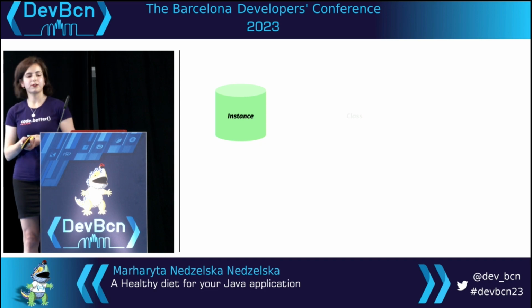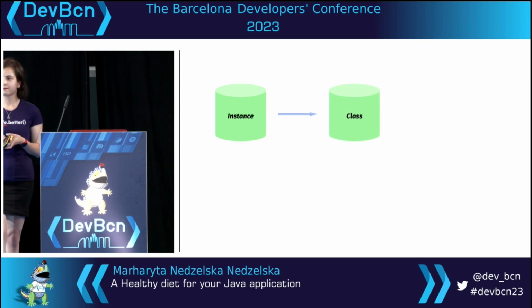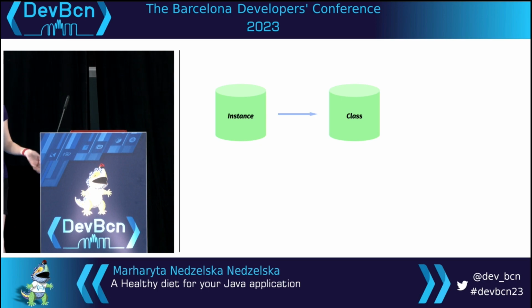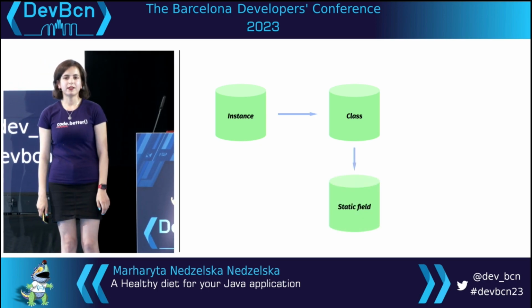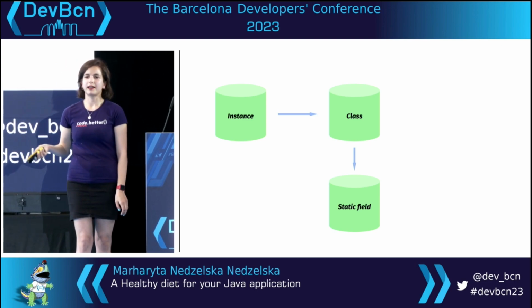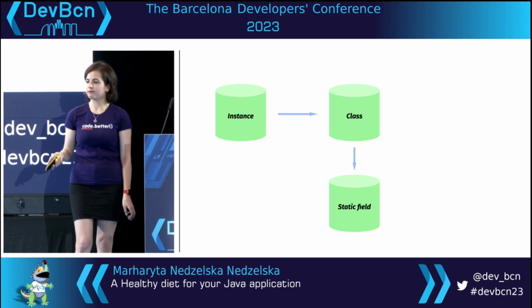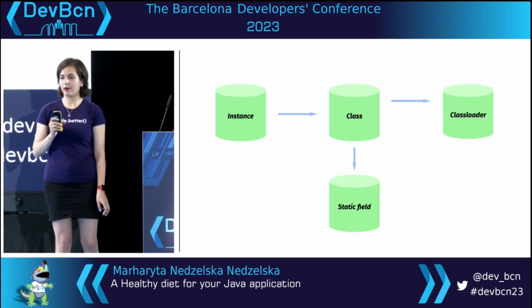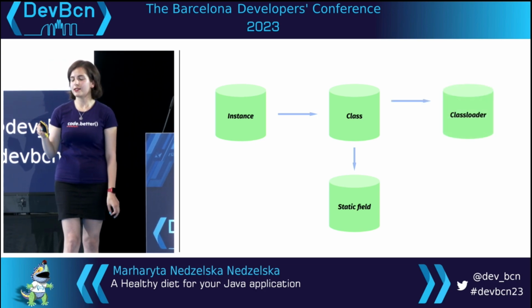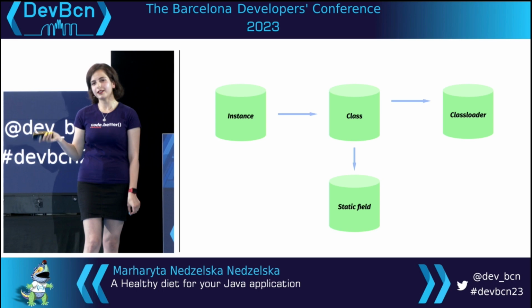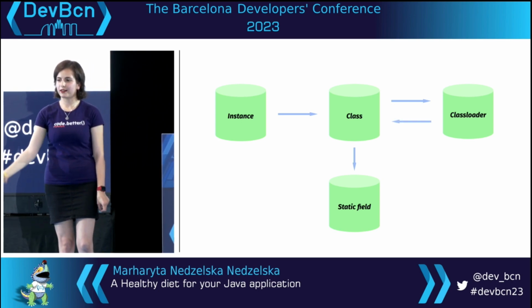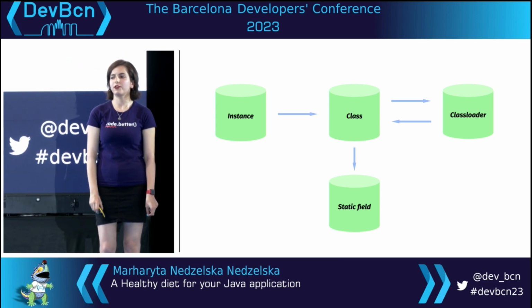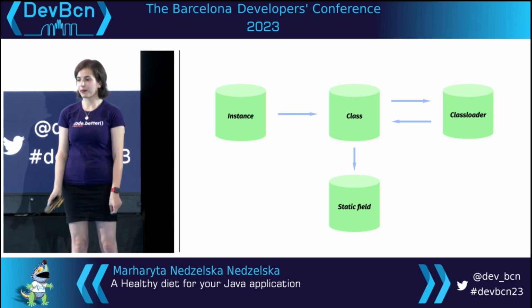Every instance holds a reference to the class, which is obvious. And every class holds references to its static fields. And one more important thing: every class also knows about the class loader that loaded it. And every class loader knows about all the classes that it loaded.